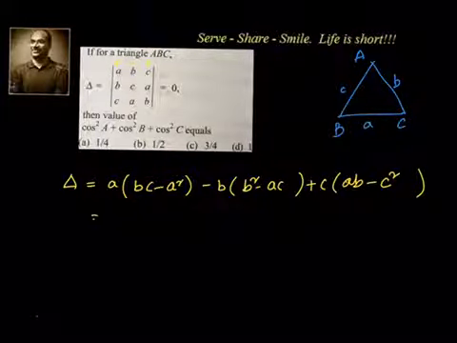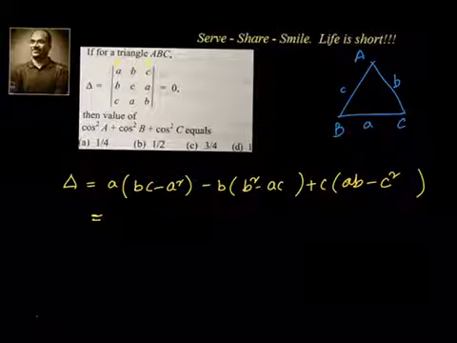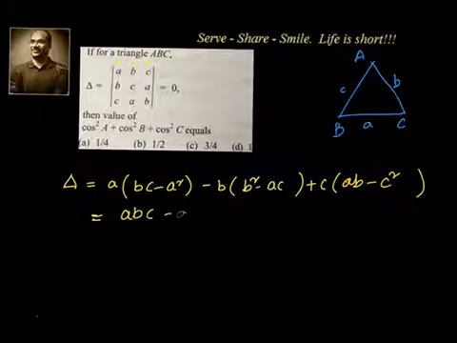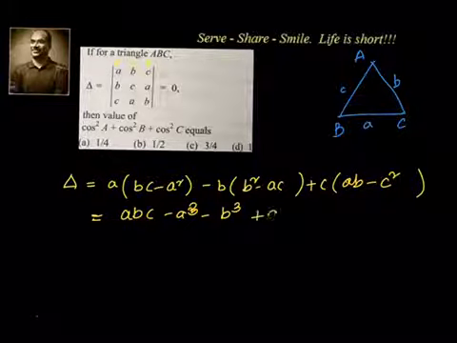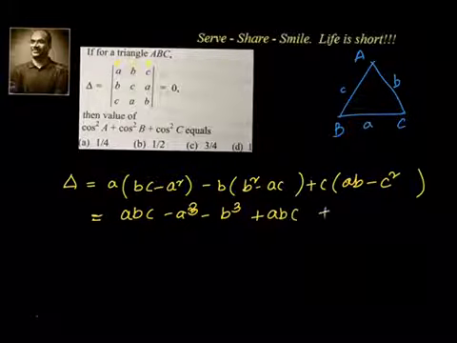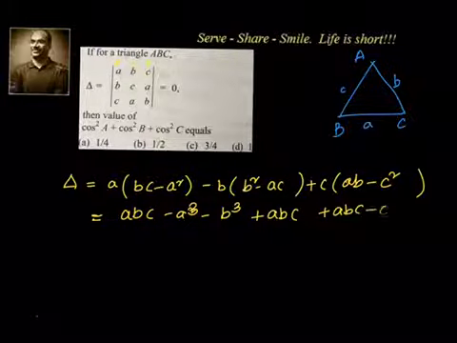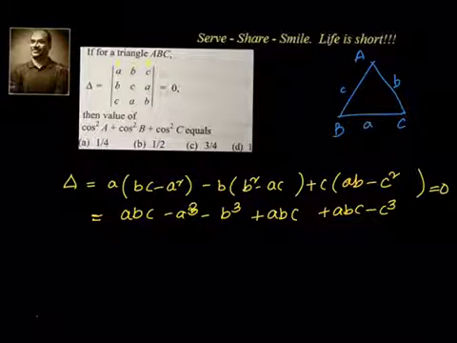Simplify that, and we get ABC minus A cube, then ABC minus B cube, plus ABC minus C cube, but this is equal to 0.